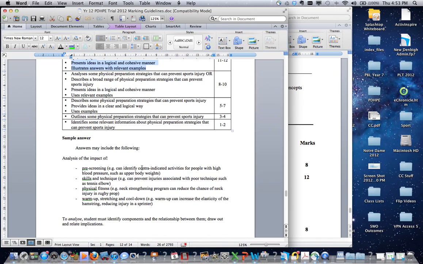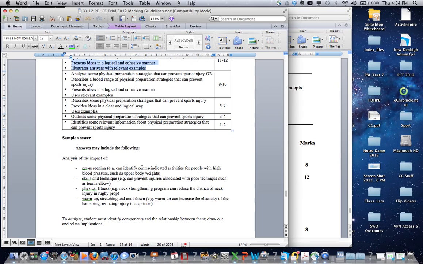Here are sample things that you could have discussed, and should have discussed, with each of the areas. Pre-screening: the first thing you could have looked at is what a pre-screen is. A pre-screen is a test done prior to the physical activity, the training or the competition, before the player actually starts.